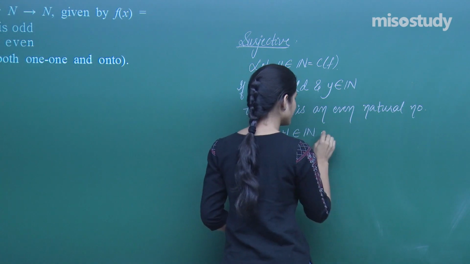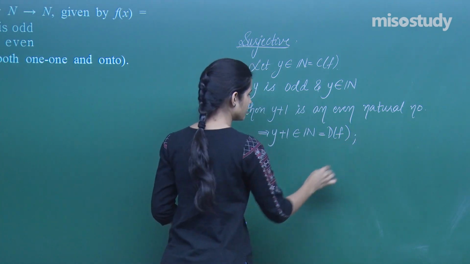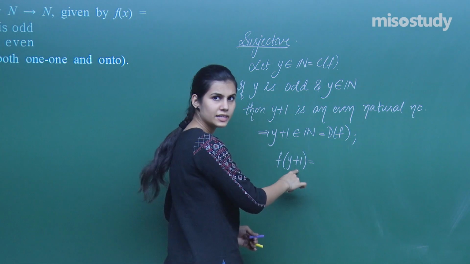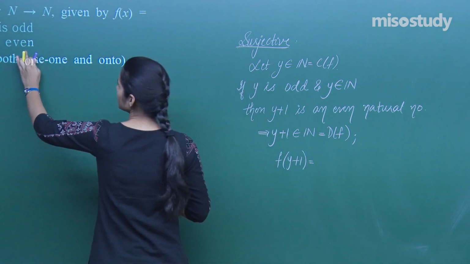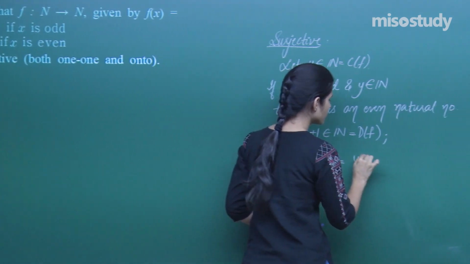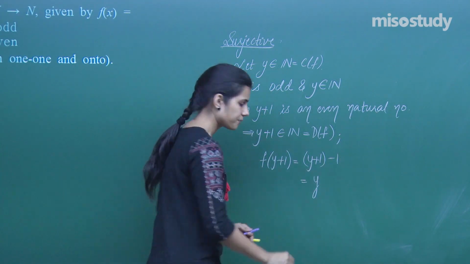And I am saying right now N is the domain of f, such that when f gets applied to y plus 1, which is even. Whenever x is even, x minus 1 is the answer. y plus 1 is even, so y plus 1 minus 1, that is y, is the answer.